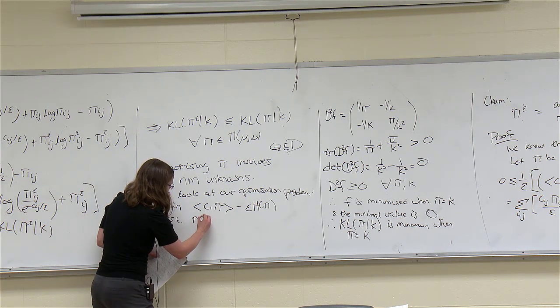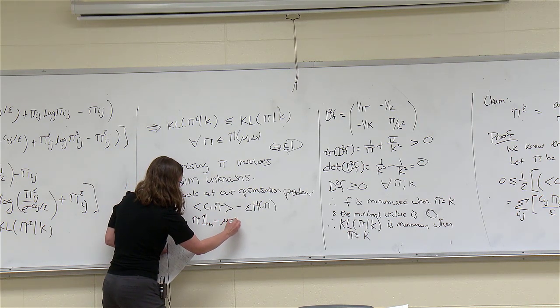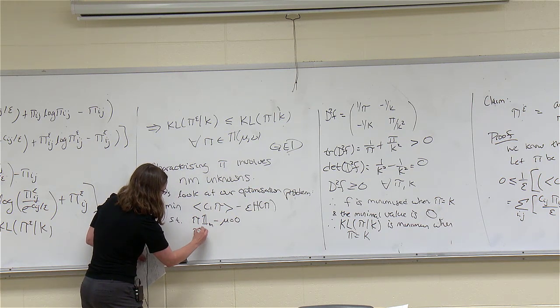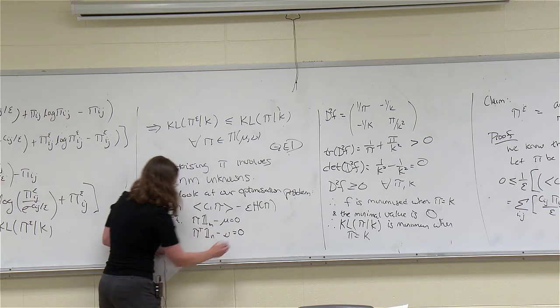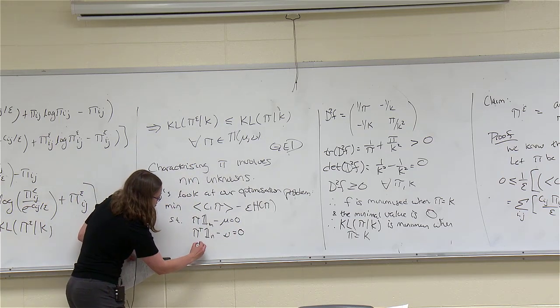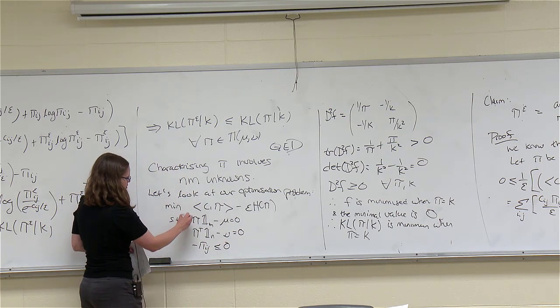So pi 1m is equal to mu. Pi transpose times one vector is equal to nu. And all of these pi's are positive.